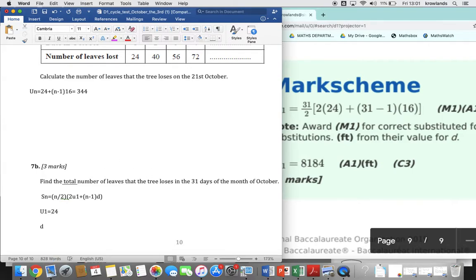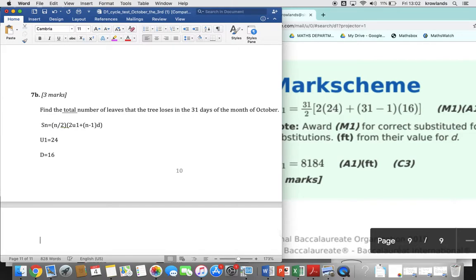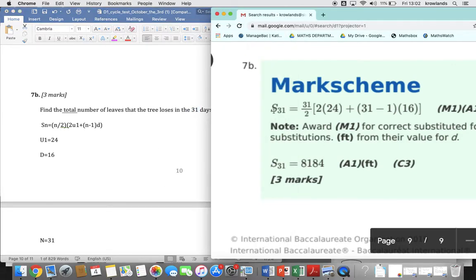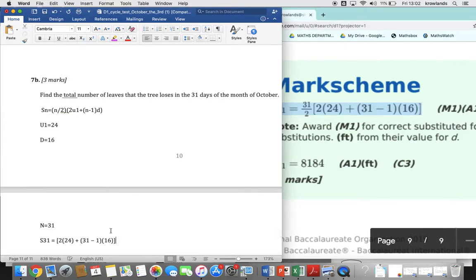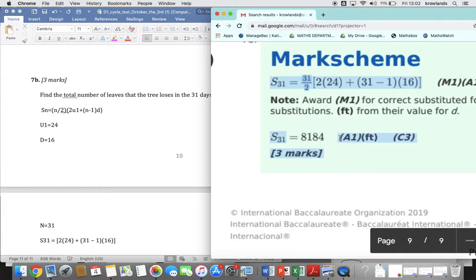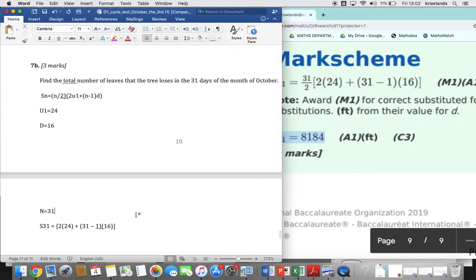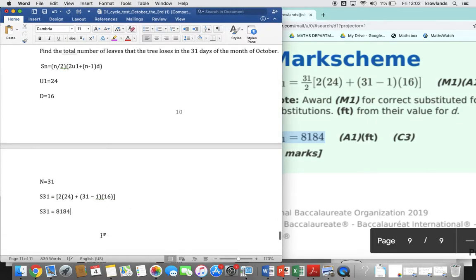We know D from before is 16, and we know that N is going to be 31. Now a few of you stuck with 24, but it's now changed to 31. So I'm going to copy this. So our answer is going to be this. Perfect.